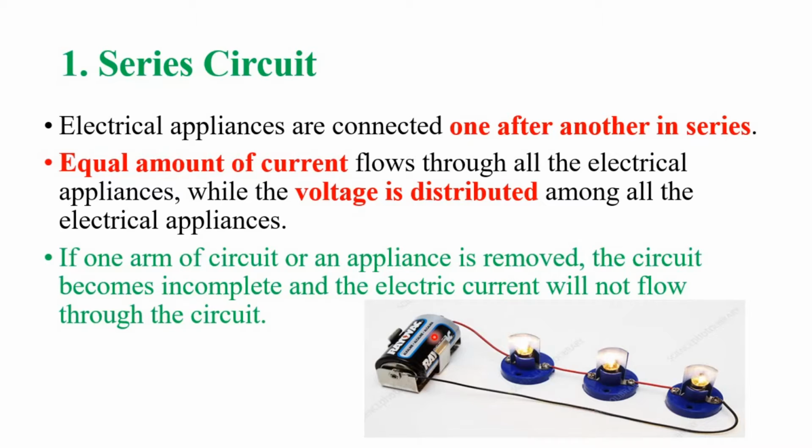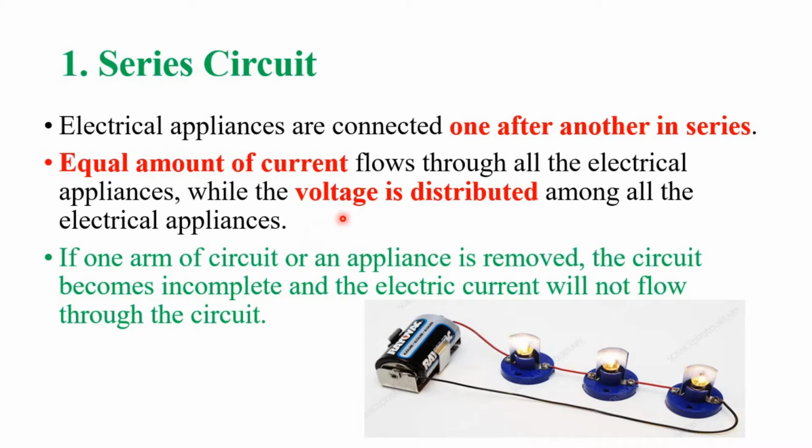This type of connection is called a series circuit. In a series circuit, an equal amount of current flows through all the electrical appliances. When the current is flowing through these wires, it flows equally through all the appliances.